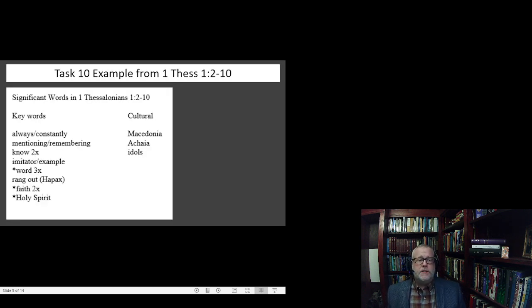Now, here's an example from 1 Thessalonians 1, 2 through 10. Notice that I categorize my keywords on one side and my cultural words on the other. And for the cultural words, sometimes you've got to brainstorm a little bit. Is this possibly or potentially a cultural word? And you want to include that. For example, idols. Well, it's just a thing.